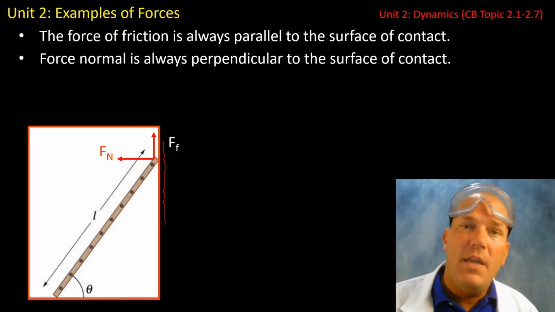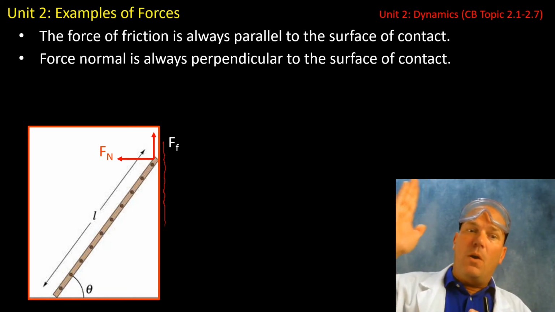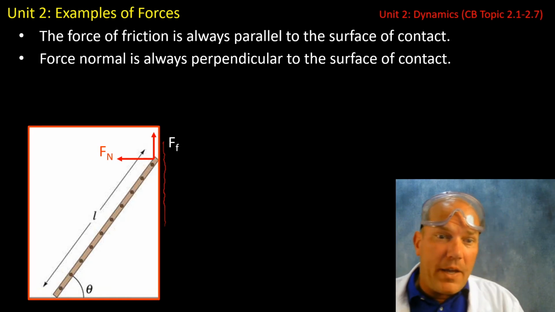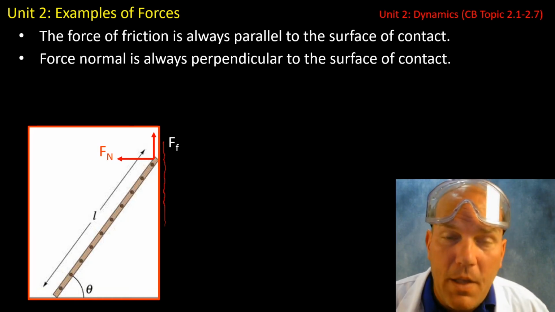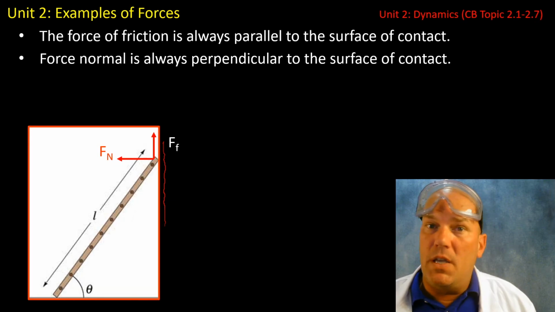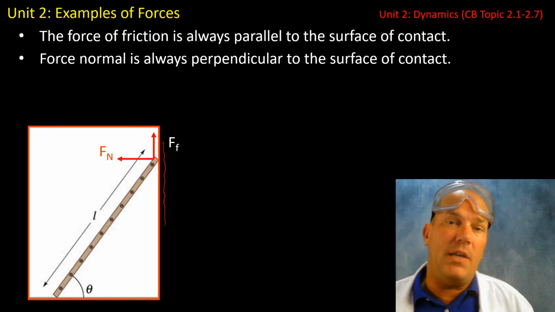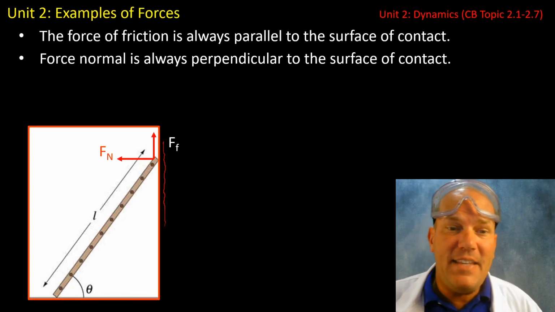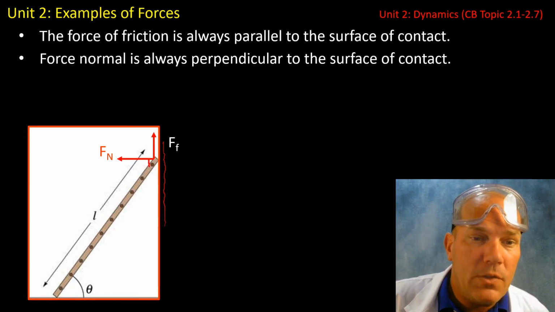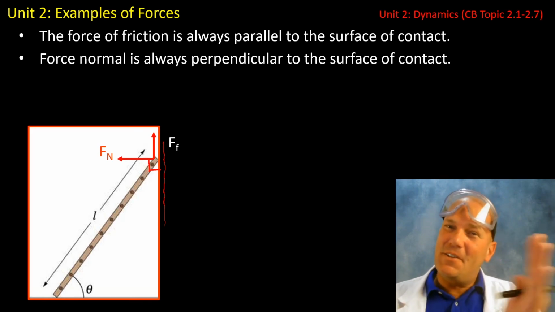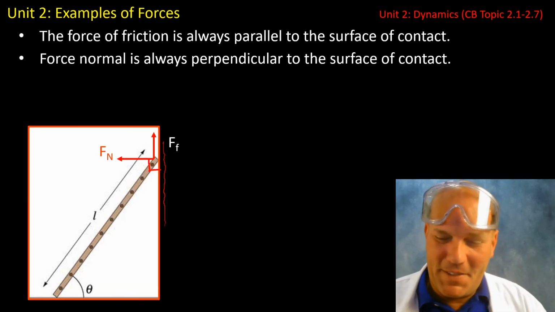Force of friction is actually going up the wall. And force normal is actually going out from the wall. But again, it's perpendicular. It is normal to the surface. That's how we can phrase that. It is at a 90-degree angle to the surface here, the wall. So things can change a little bit depending on the coordinate system.